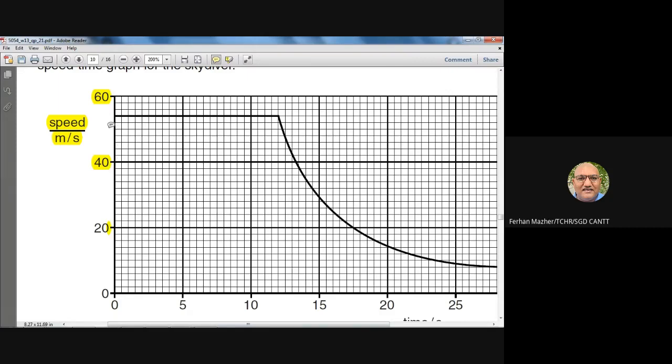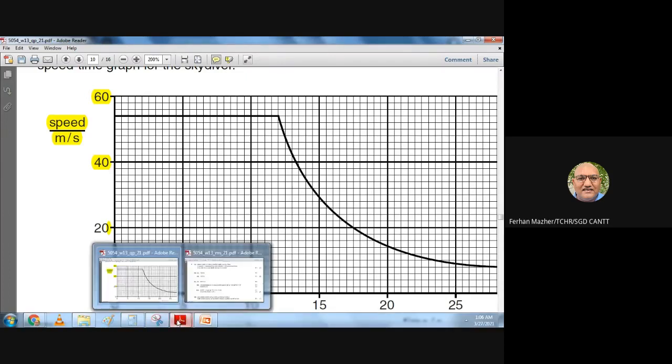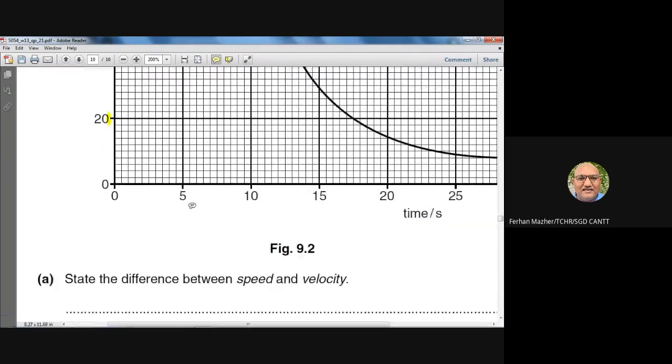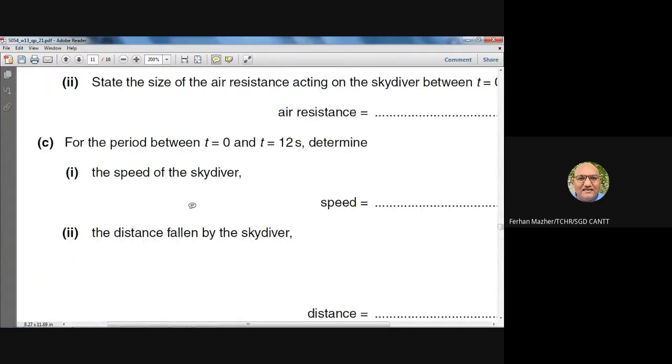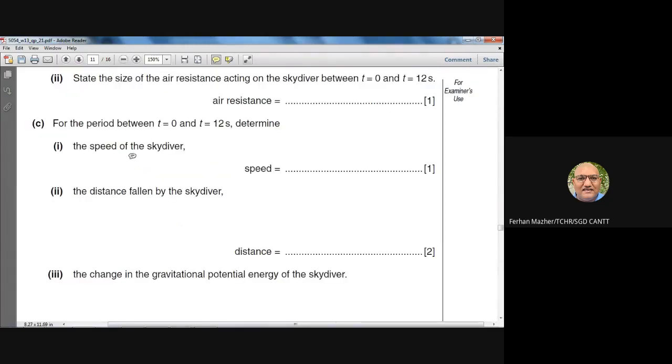So here I will have 50. 1, 2, 3, 4, 5. So it is 50, 52, 54. So the speed should be 54 meters per second, and you will write 54 meters per second here. So the speed of the skydiver is 54 meters per second.